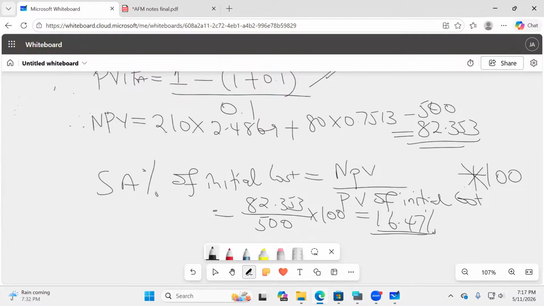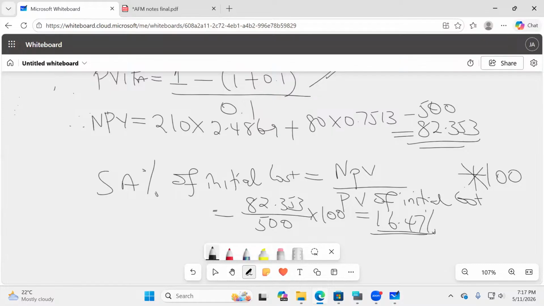So it means that the net present value is 16.47% sensitive as regards to the initial cost. Meaning that the initial cost has breathing space, all the way up to 16.47%. The initial cost can increase by 16.47% before the project becomes a loss-making project.